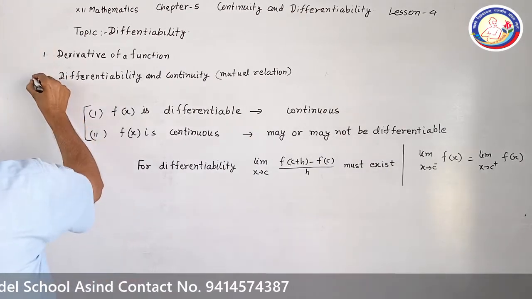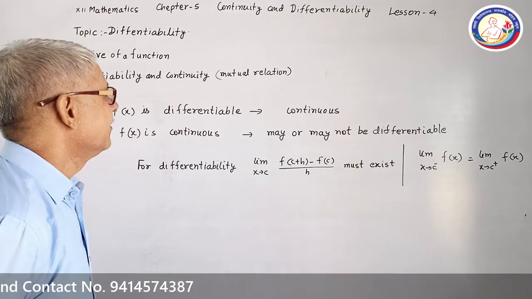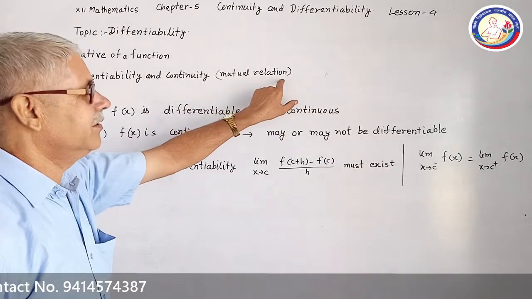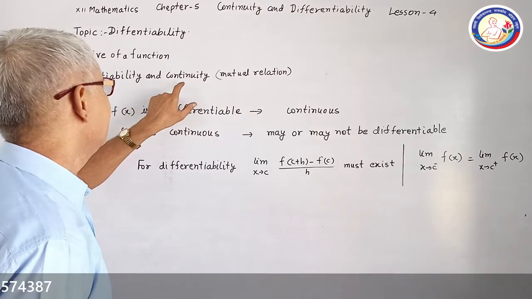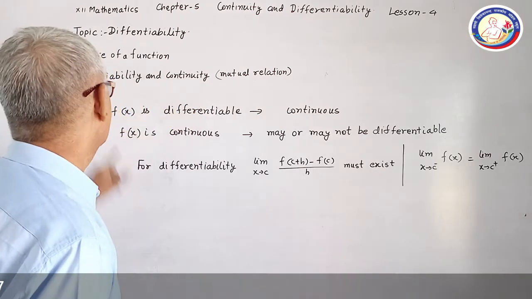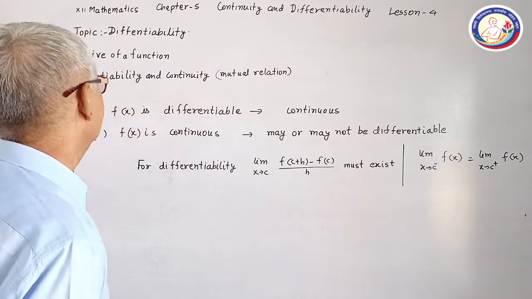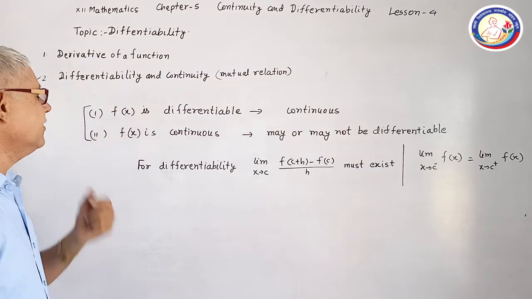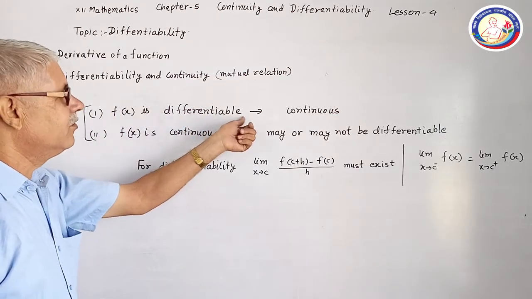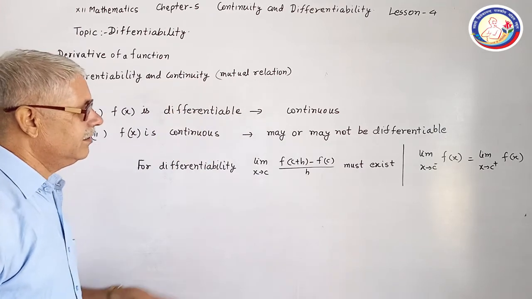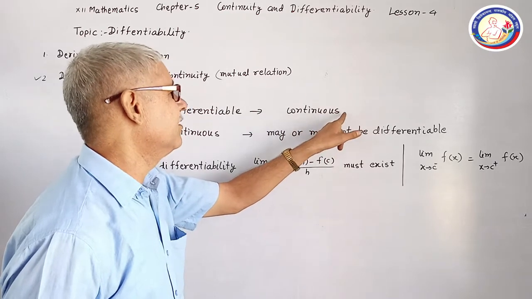Now take the second point: differentiability and continuity, their mutual relation. How they are dependent, or how differentiability depends upon continuity, or how continuity depends upon differentiability. If any given function is differentiable at any point or in the domain, then it is essential that the function must be continuous.